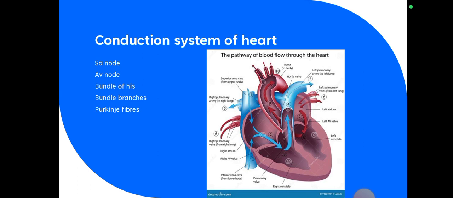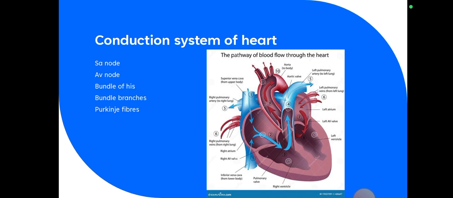From the left ventricle it goes to the ninth position, and what valve is here? That is the aortic valve. Then at the tenth position it is the aorta, and the aorta takes it to the body.